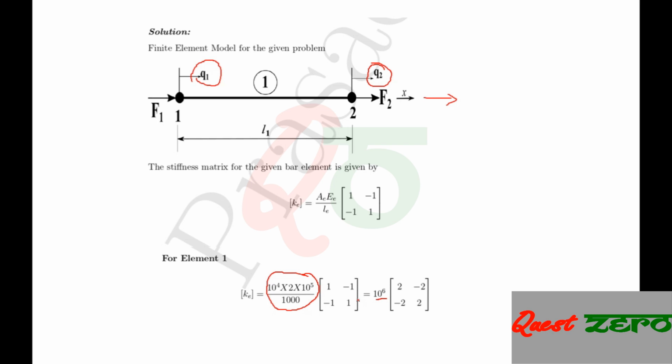We try to keep a certain power of 10 as common, so that if there is a second element whose stiffness matrix is also calculated, then while computing the global stiffness matrix we need to add all the element stiffness matrices. Hence we maintain the term outside the matrix to be common for all the element stiffness matrices. 10 to the power of 6 in this case I kept as common, with 2, -2, -2, 2 inside the matrix.